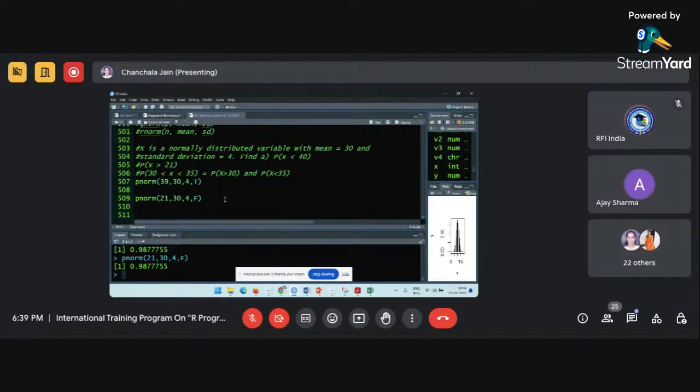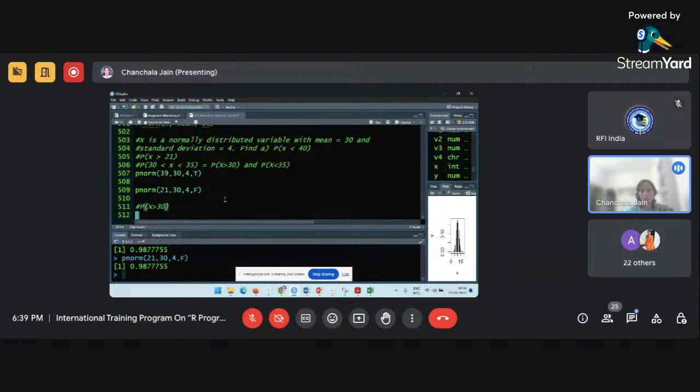Suppose I'm talking about the probability of x when it is greater than 30. So we will use pnorm. Now at the first position, what do I need to pass?